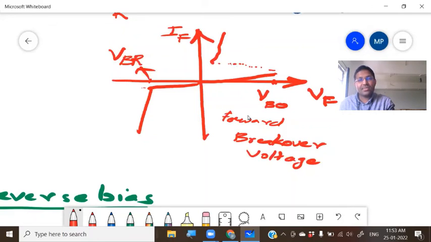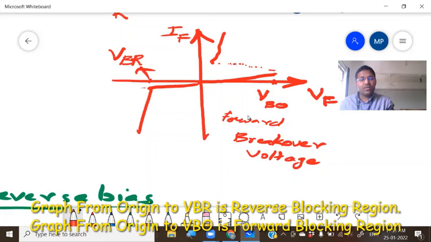This is called the reverse blocking region. Again in the forward direction, from this point to this point, the device is off. This is called the forward blocking region. Here the device is breaking down. You have studied avalanche breakdown. The same mechanism is responsible here.